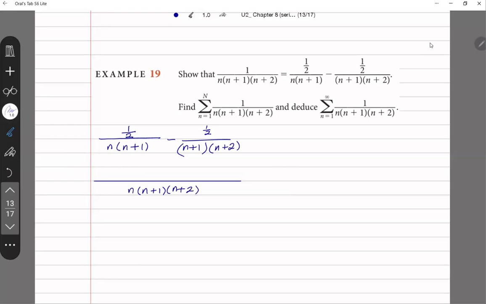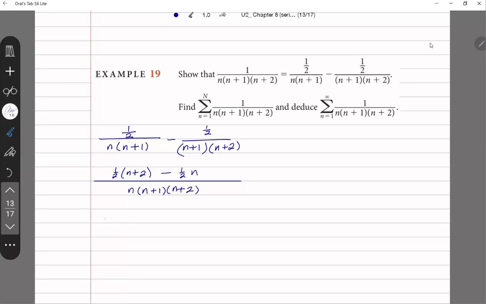n into n plus 1 into the LCM is n plus 2. So it's a half times n plus 2, minus n plus 1 times n plus 2 into the LCM is n. So it's a half times n.